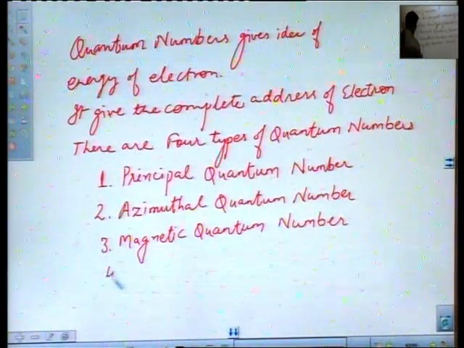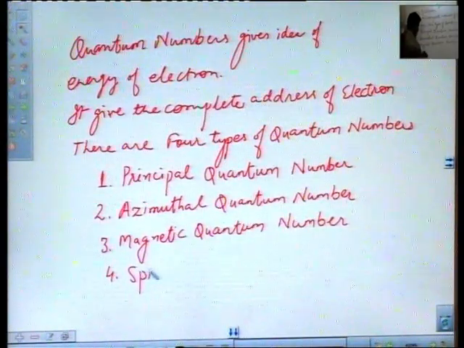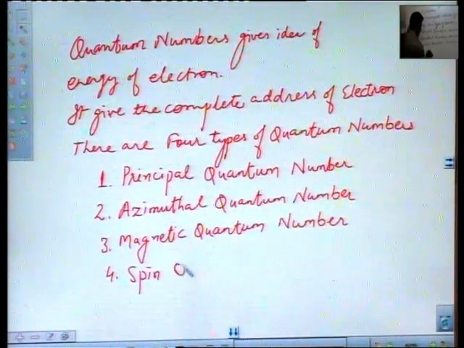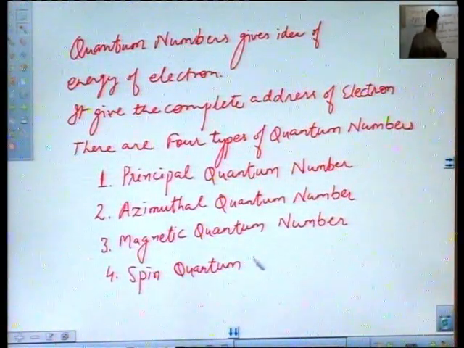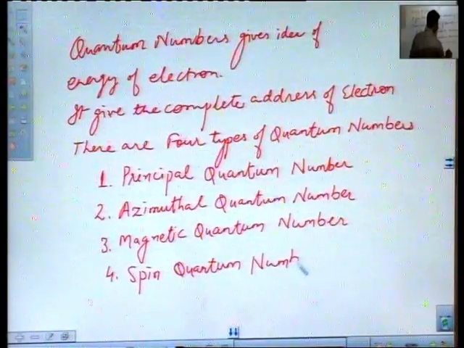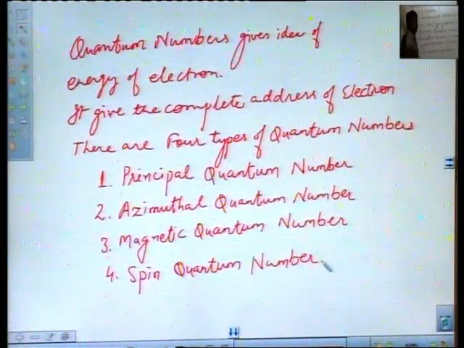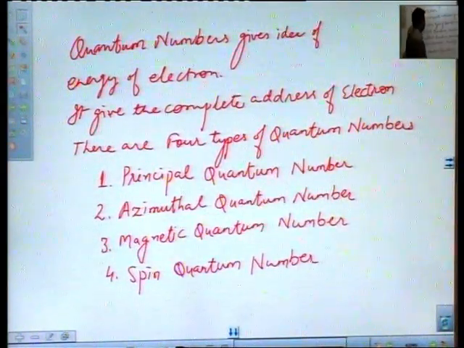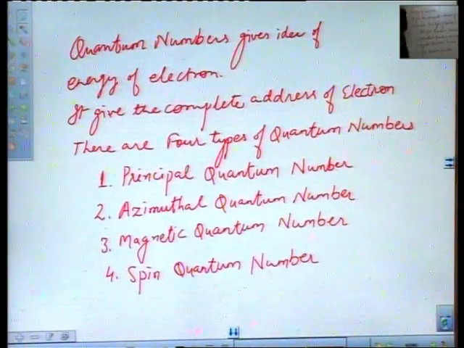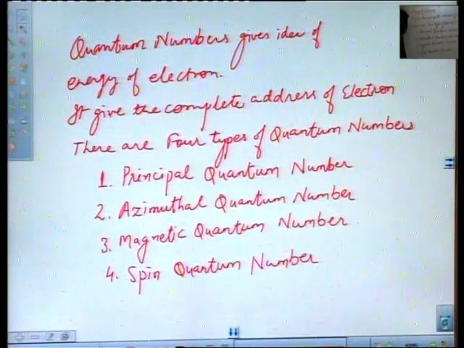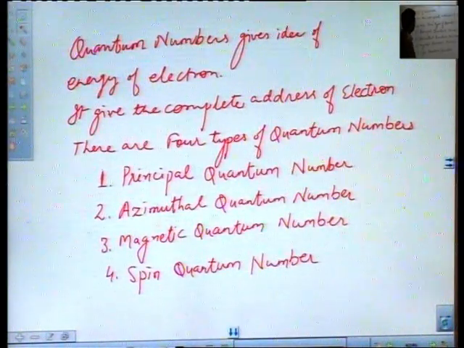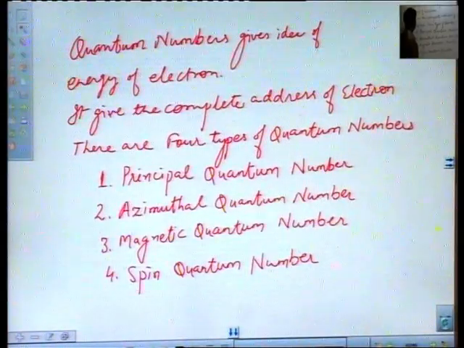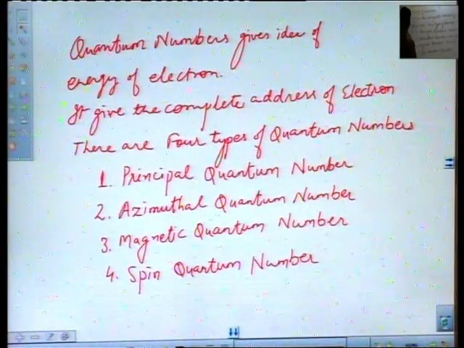And the fourth is the spin quantum number. So, the energy of the electron is given by these 4 quantum numbers. First of all, we will discuss the principal quantum number.